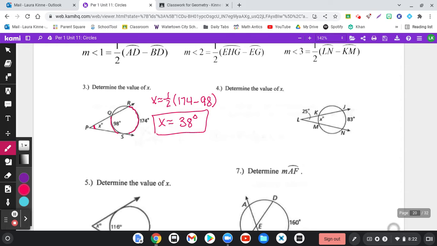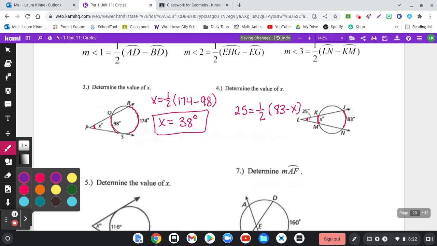Determine the value of X. Okay, well this time it's an arc. So again, the angle equals, since the angle is 25, half of 83 minus X. All right, got a little algebra to do. If you want to get rid of that half, it's dividing by 2, so let's multiply both sides by 2.